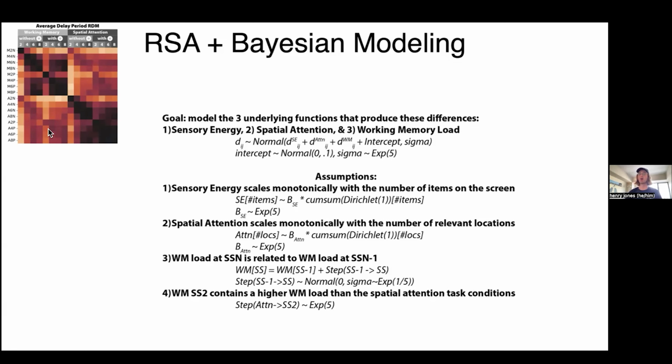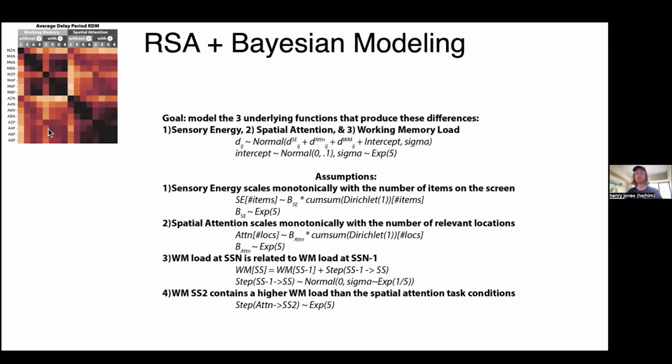And then for our working memory function, we just gave it two very loose constraints. The first is that the working memory load signal at a given set size would be related to its load at the preceding set size. So it's kind of making a random walk. This is mostly just constraining a little bit of autocorrelation across set sizes so that the load function isn't just noisily pinging up and down.